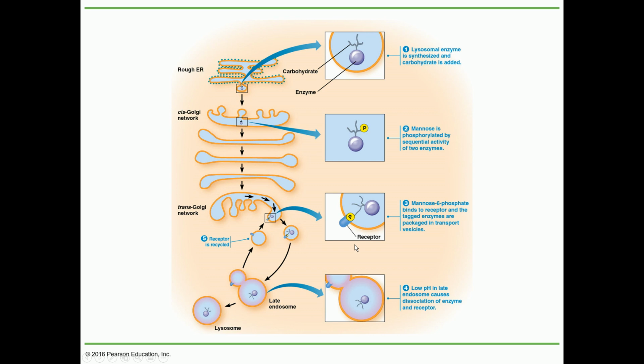The receptor and the enzyme lose their bonding, and the enzyme will be the only one left in the vesicle, and this receptor will go back, it will be recycled. Then this late endosome will further get converted into a lysosome.